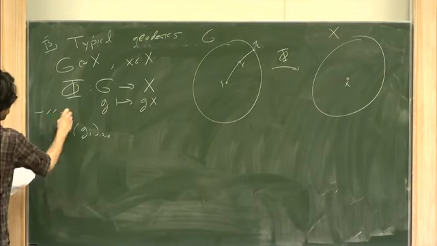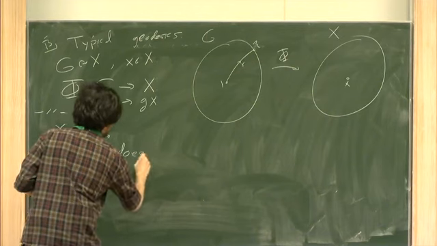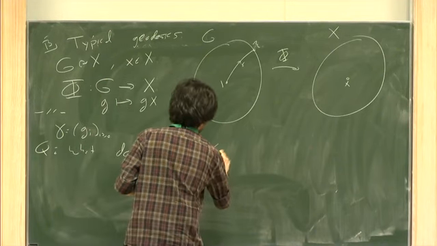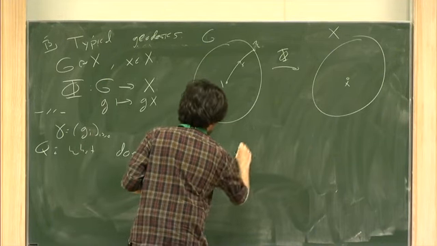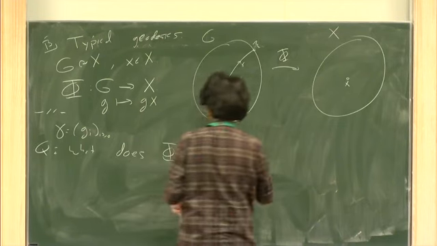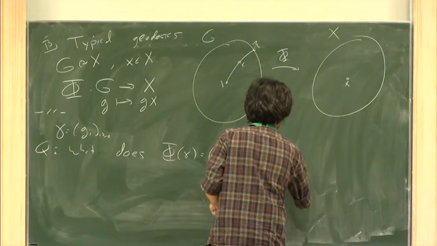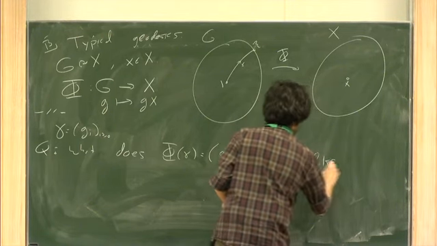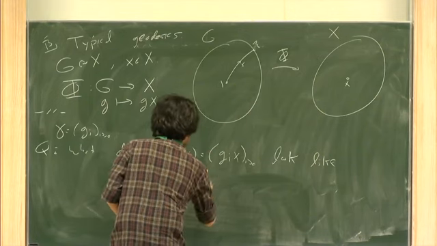A preliminary question is what does the image of this geodesic look like in X?